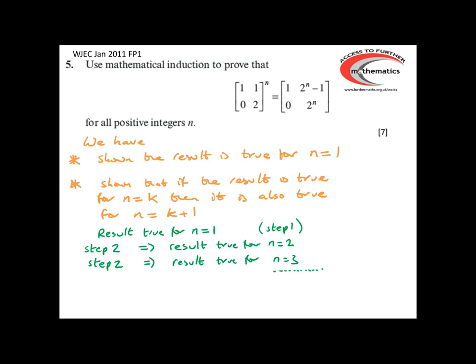So we know, using step 2 for the first time, that the result must also be true for n equals 2. Knowing that the result is true for n equals 2, step 2 tells me that the result must also be true for n equals 3. And we can carry that process on ad infinitum, so we therefore know that the result is true for all positive integers n. So we've proved the result.